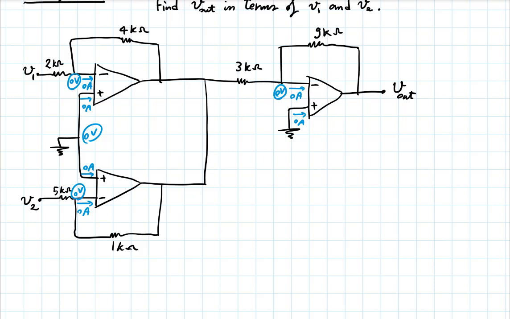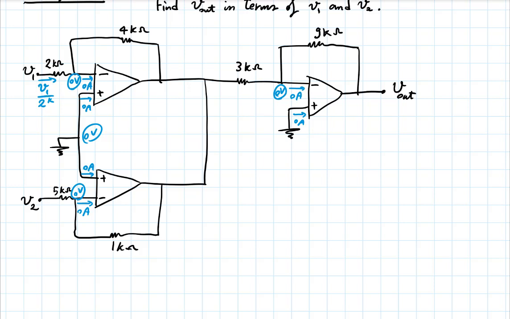And then we can start solving things directly on the circuit. And you can write them down also, but I'll see how much I can fit on the circuit directly. So across this 2 kilo ohm resistor, we have this current, which is V1 minus 0 divided by 2 kilo ohms, right?